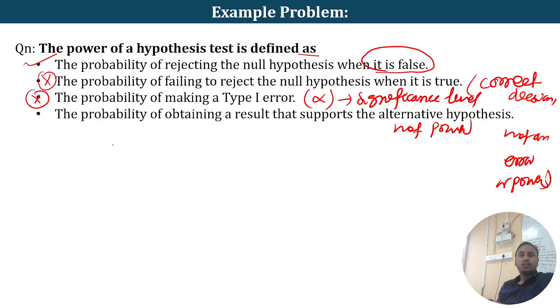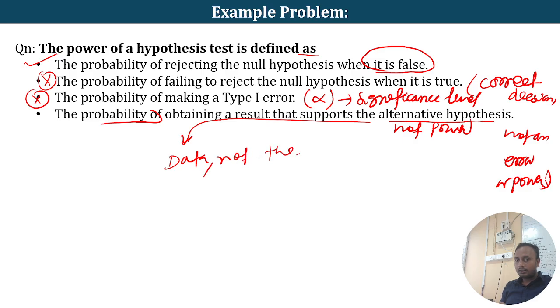The probability of obtaining a result that supports the alternative, again, will not only be correct when the null hypothesis is false. The alternative hypothesis is always based upon the data, not the status quo. So this can't be the option. So the first one is the answer.